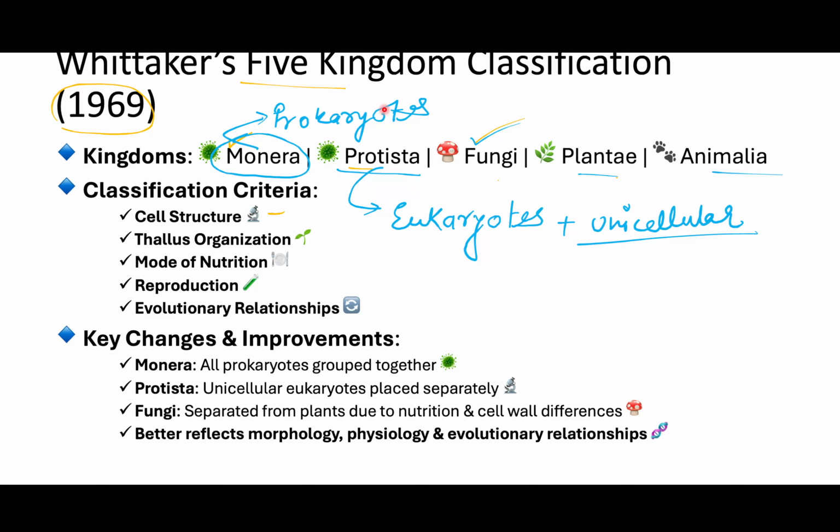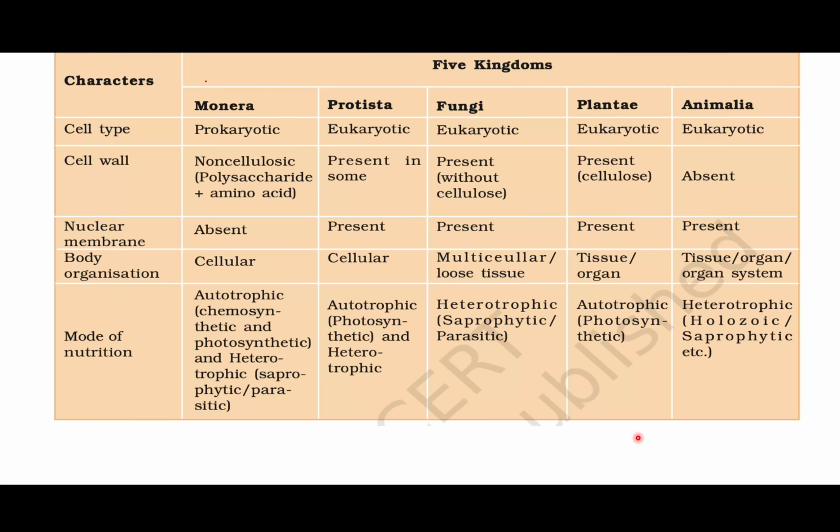Now this classification system looks a bit more balanced compared to the previous ones, Aristotle's classification system and Linnaeus's two kingdom classification system. It is based on morphology, physiology and evolutionary relationship between organisms. So these are improvements over the previous two classification systems. Clear? Now this is just a summary slide of the different kingdoms given by R.H. Whittaker.